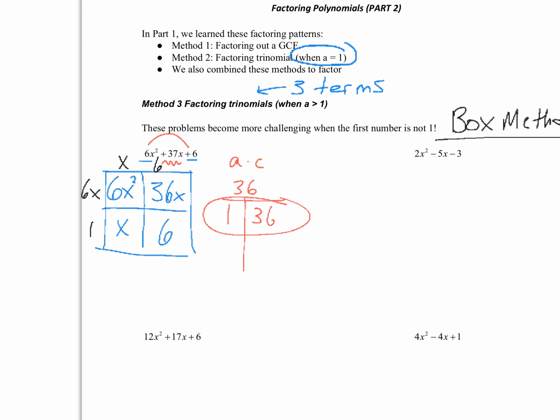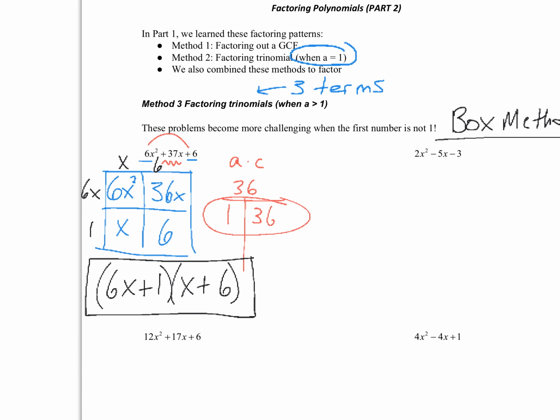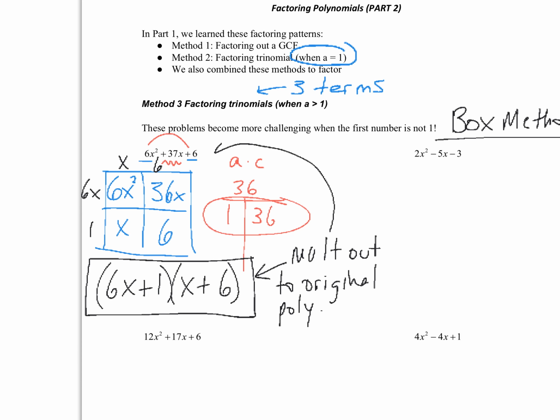So my factors, 6x plus 1 and x plus 6. Remember, if I multiply this out, I get the original polynomial. I can always check it that way. I get the original polynomial if I multiply those factors out.